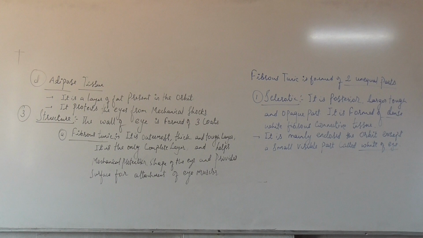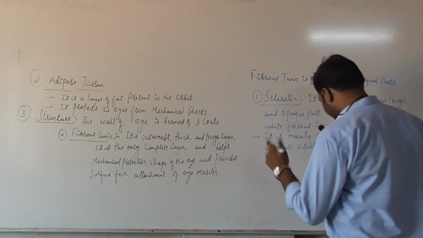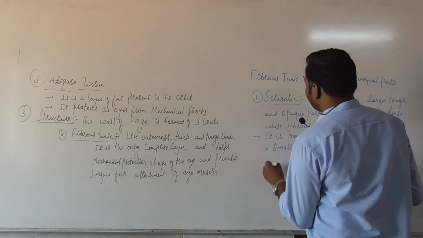Enclosed in the orbit, that is the socket, eye socket, and except a small visible part, that is the white of eye. So the white part of the eye is a small part over here. Next, this is what about the sclerotic.